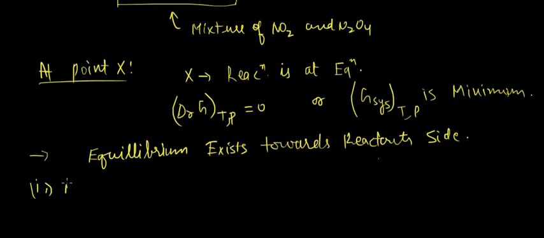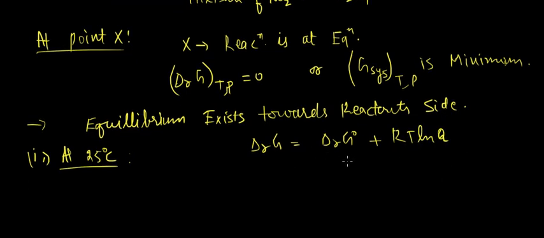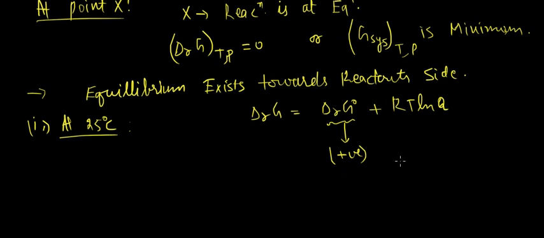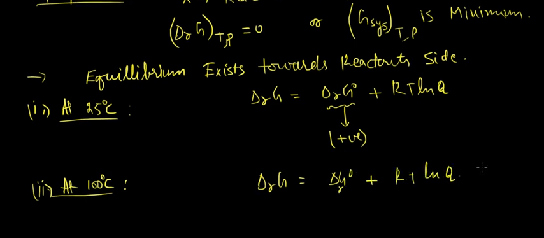Okay, and at 25 degrees Celsius, we already know that delta Rg is equal to delta Rg naught plus RT ln Q. So delta Rg naught would be positive, and at 100 degrees Celsius we can write that delta Rg would be equal to delta Rg naught plus RT ln Q. So in this case this would be negative.